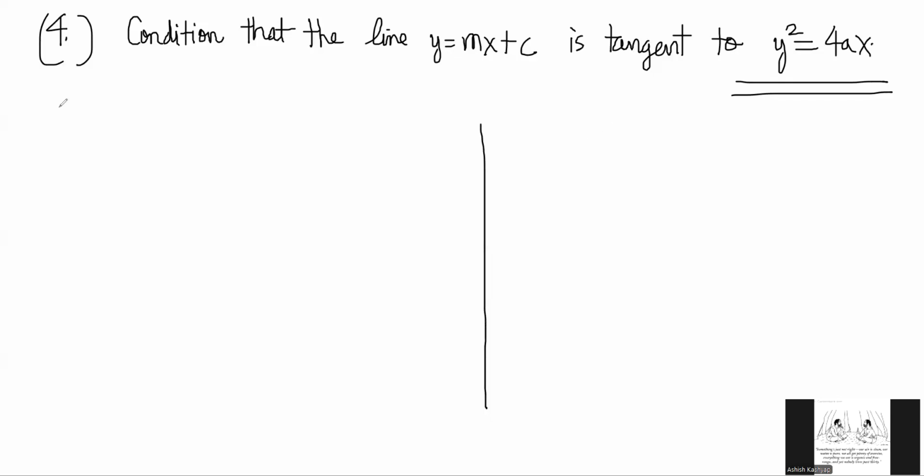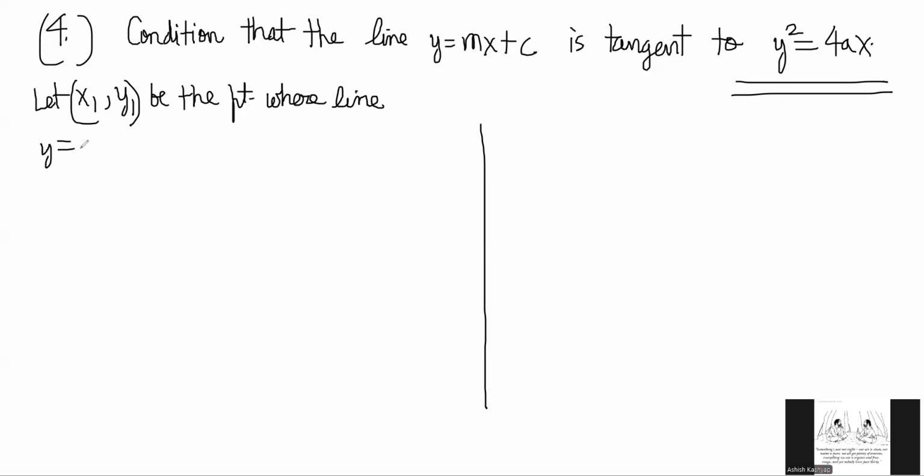So let's do it the first way. Let x1, y1 be the point where the line y is equal to mx plus c touches the parabola y square is equal to 4ax.